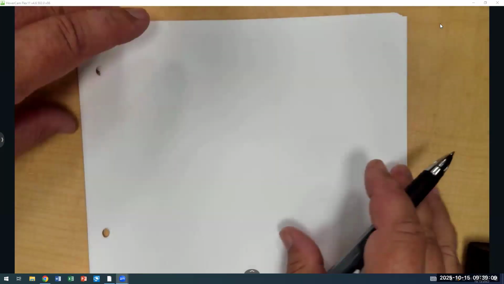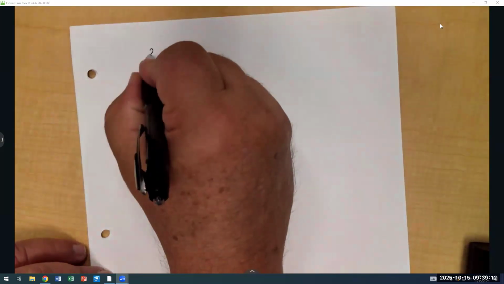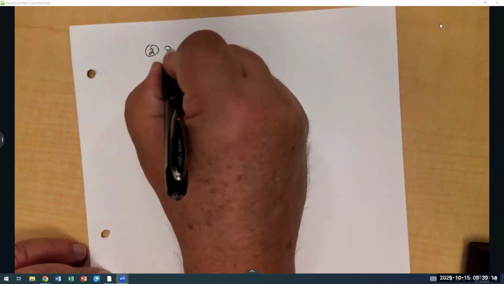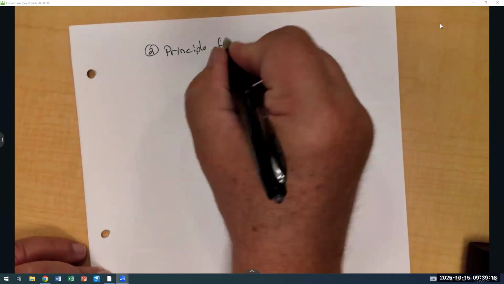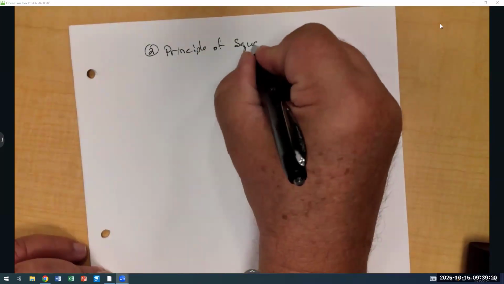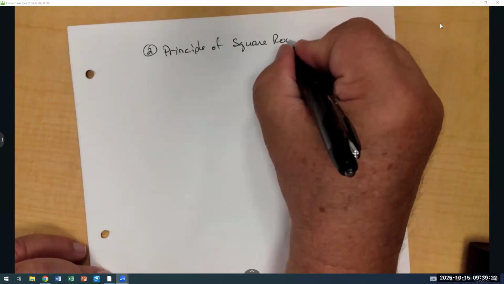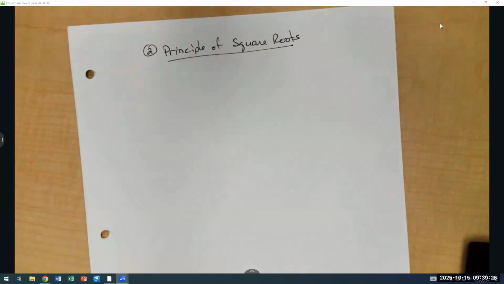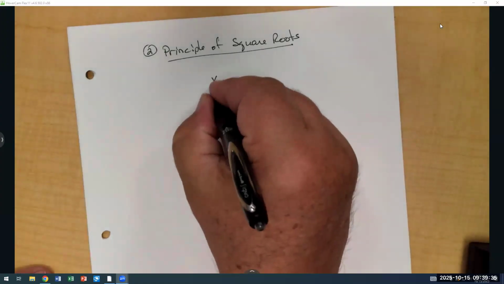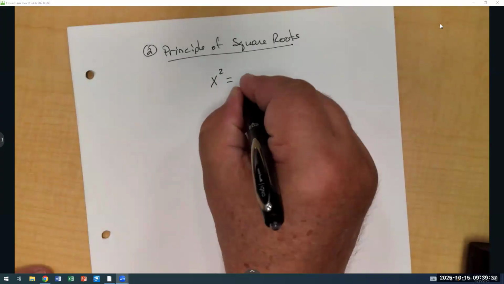The next property, or the next principle, is the principle of square roots. What the principle of square roots tells us is if x squared equals any number.